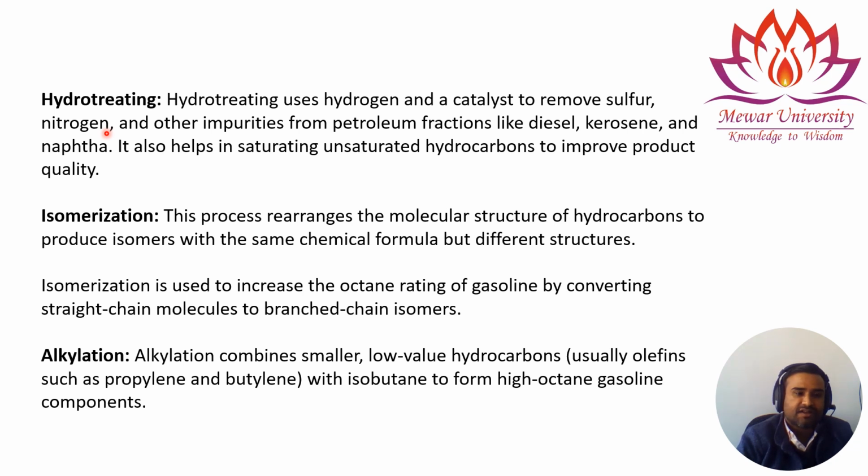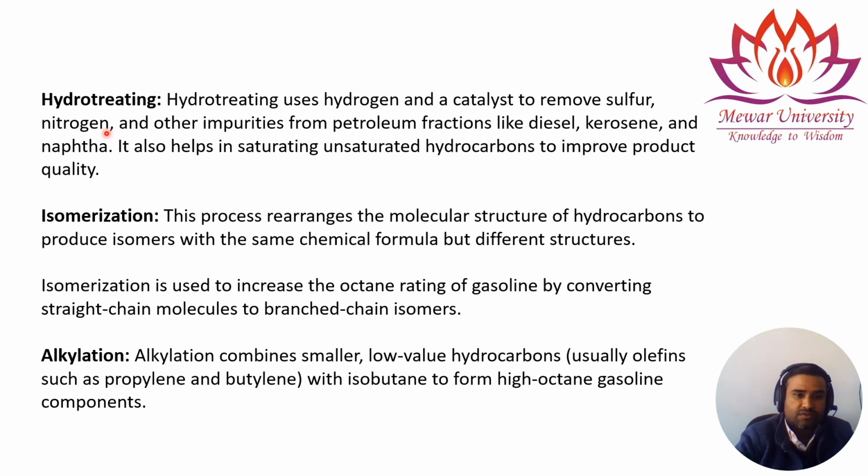So this process is used to combine the smaller olefin molecules into long chain hydrocarbons that are valuable, with high octane numbers. So in this process we basically get the product that is a high octane gasoline component.